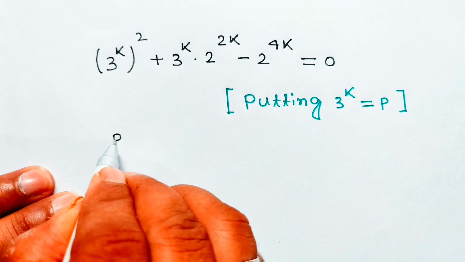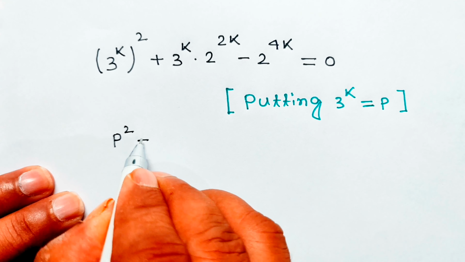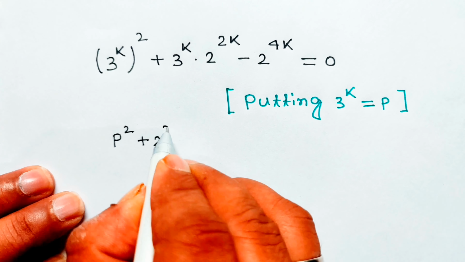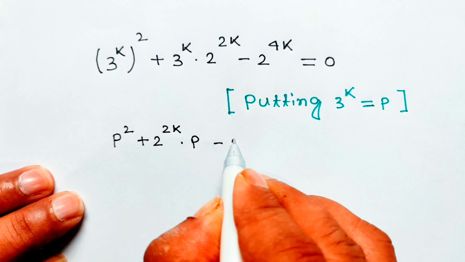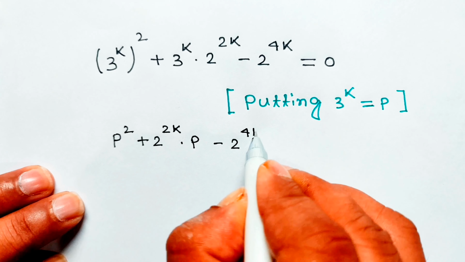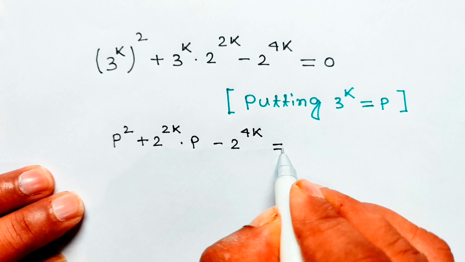Then p square plus 2 to the power 2k into p minus 2 to the power 4k equal 0.